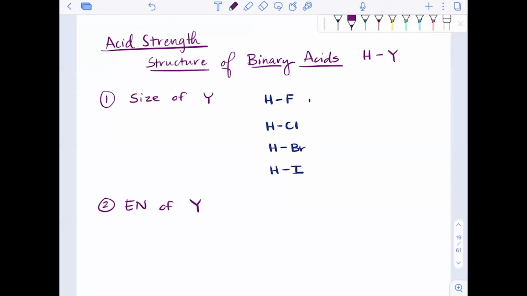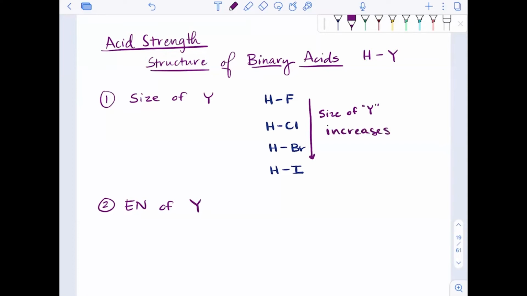As we go down this list, those atoms being represented in our generic Y atom, the non-metal bonded to hydrogen, the size of Y, the size of the halogen, increases. And so what does that mean?